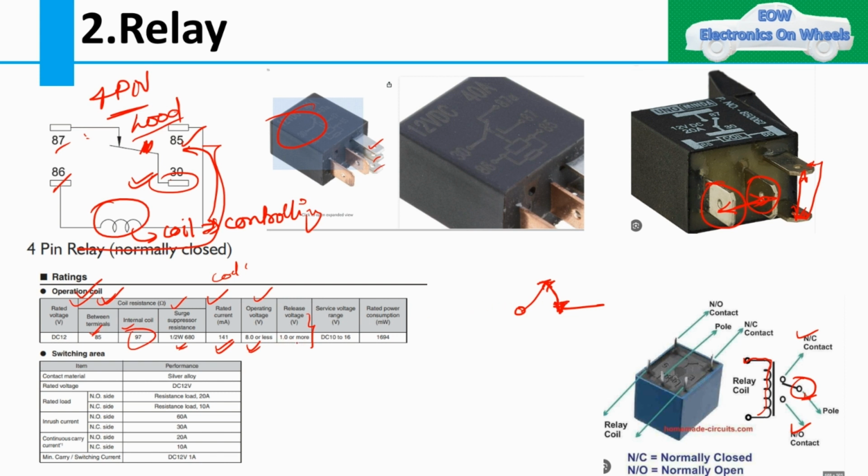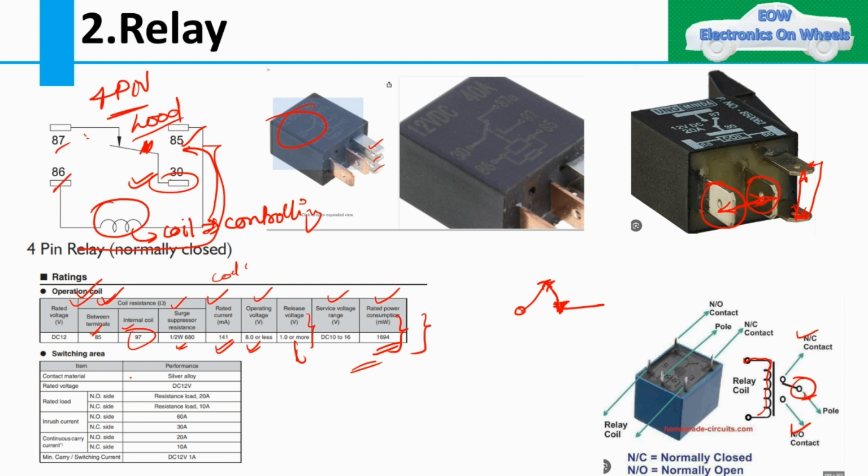To release that particular contact, the voltage is 1 volt or more, then the service voltage range, and then the rated power consumption is 1.6 watt, or 1694 milliwatt. This is how the relay data sheet should look, and I will show you one data sheet of a relay as well, where you will see all this information.